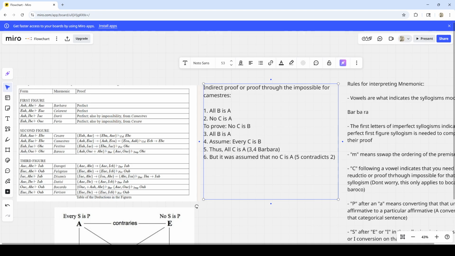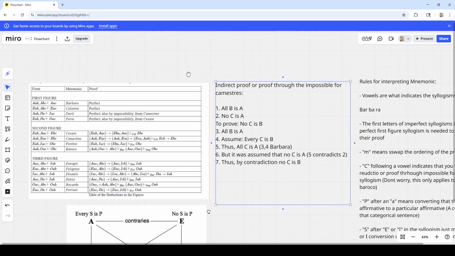Thus, this is how we would prove Cesare through the impossible. All I did was assume the negation. You could also add another conclusion and just say, thus, by contradiction, no C is B. You could add that if you want. I just don't do it. That's basically how you would prove Cesare via an indirect proof, or reductio ad absurdum.